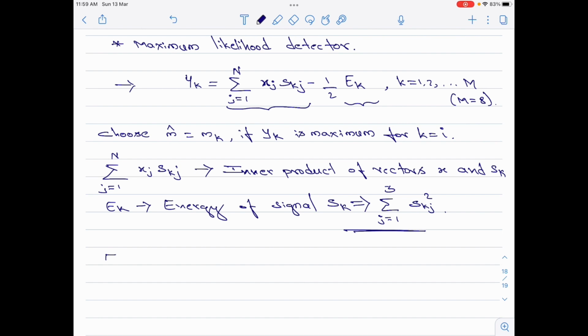So, energy of the first signal is E1 and is equal to summation j varying from 1 to 3 S1j square. So it will be equal to S11 square plus S12 square plus S13 square. Now, what is S11, S12, S13?